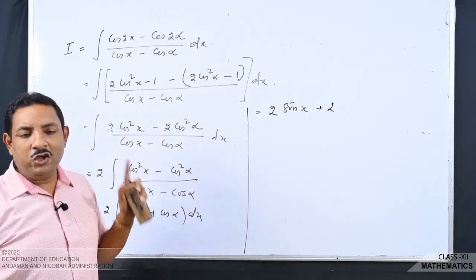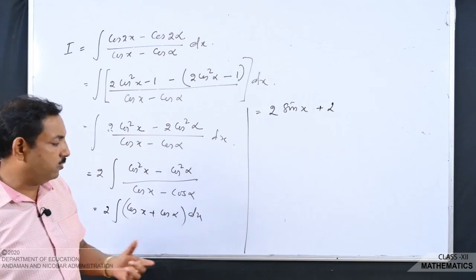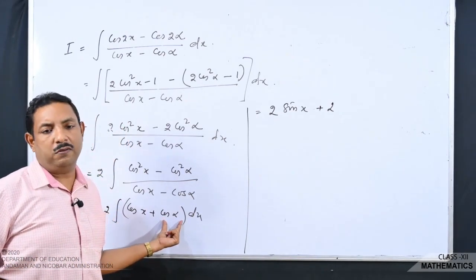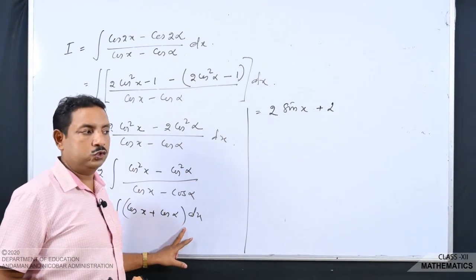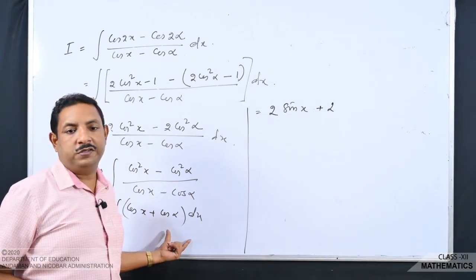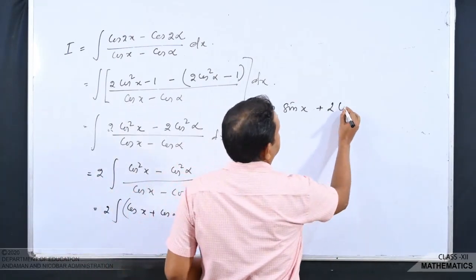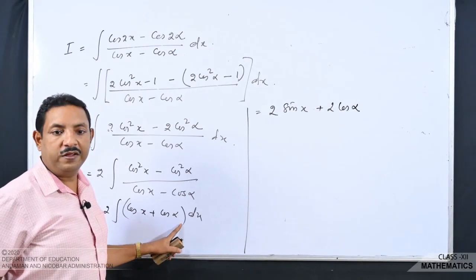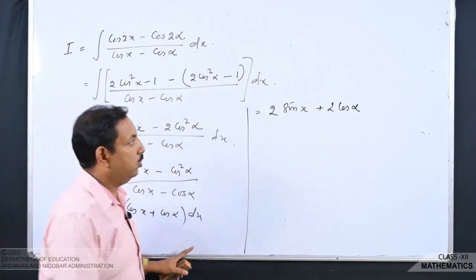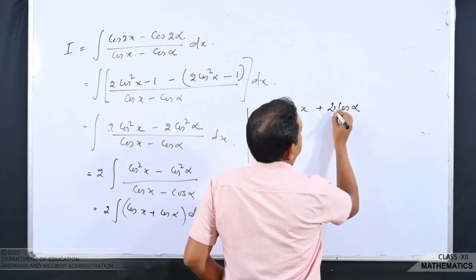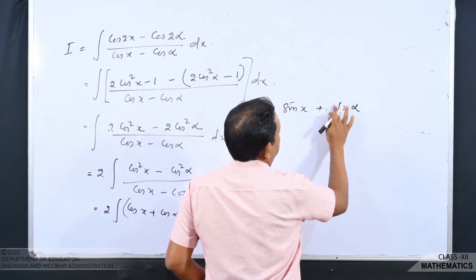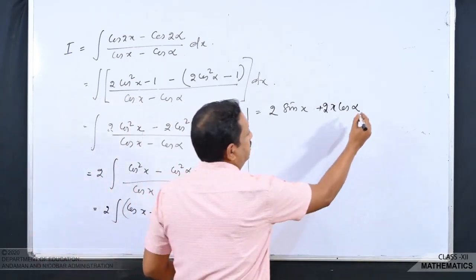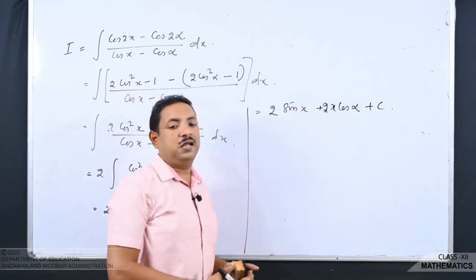Dear student, many of you may make a mistake over here: this cos alpha you treat as a variable, but it is not a variable. It is a constant. So we don't do anything over it. You simply keep cos alpha as it is, and as there are no derivatives or variables, your variable will simply be x. That is 2 sin x plus 2x cos alpha, and plus c, you must put c here. So that is the answer.